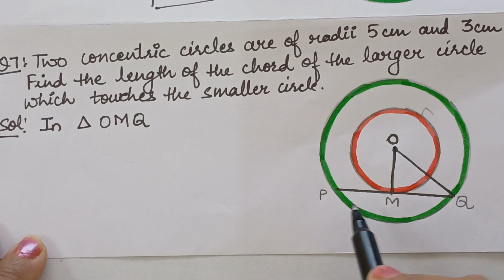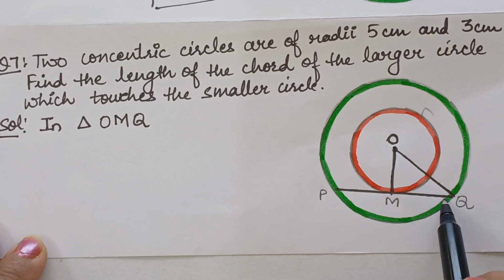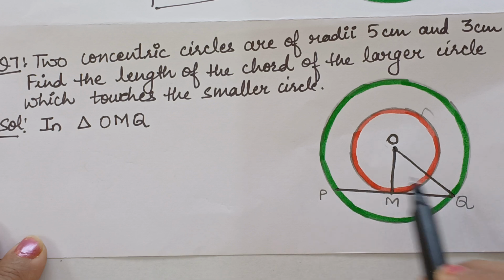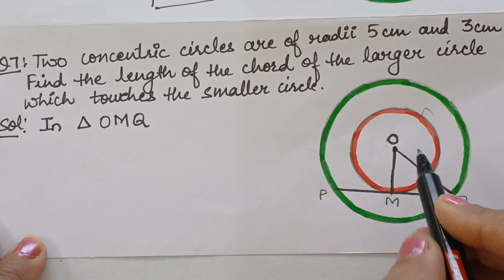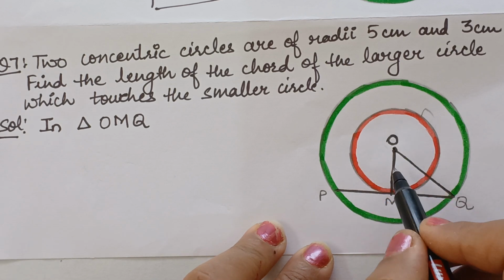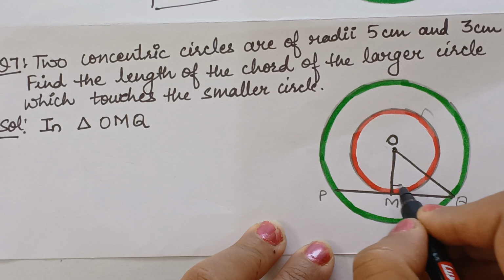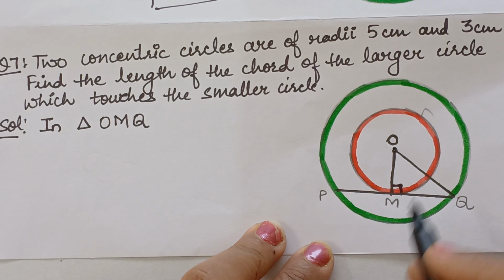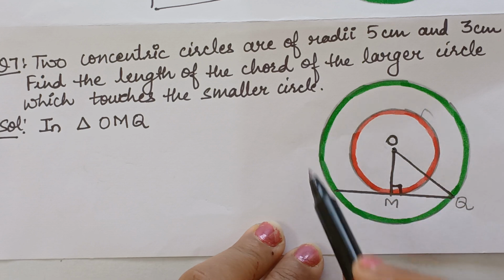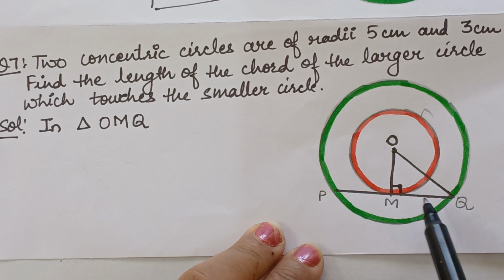We will be considering this triangle OMQ to find MQ, and we know that OM is perpendicular to the chord. Why is it perpendicular? Because this is the tangent to this smaller circle and this is the radius. Radius and tangent are perpendicular to each other. Also, a perpendicular to a chord from the center bisects the chord.